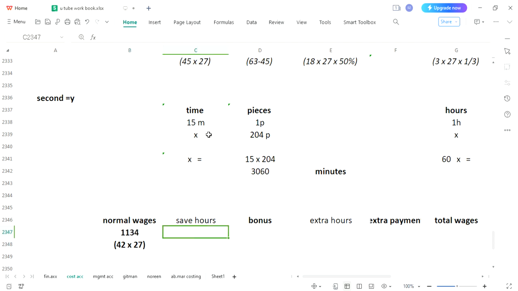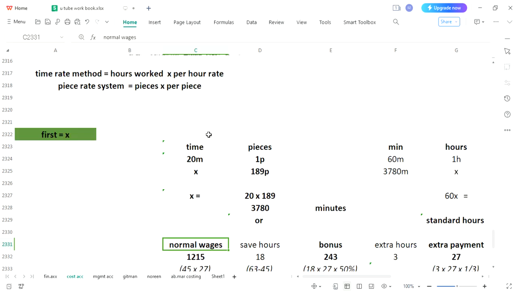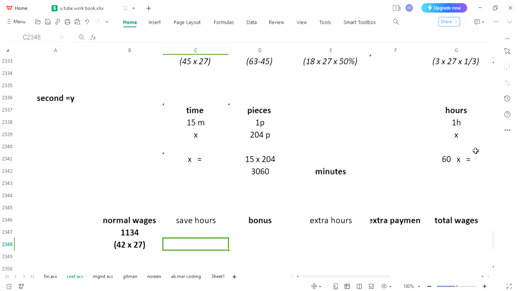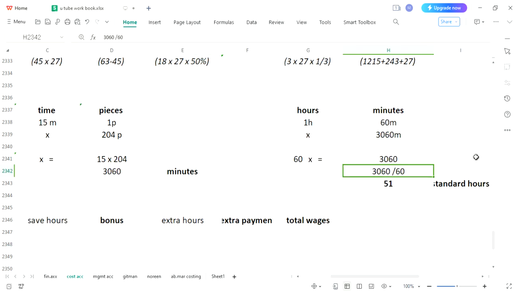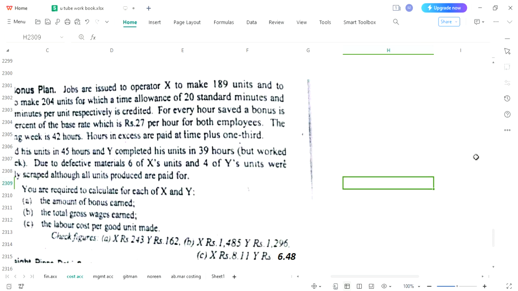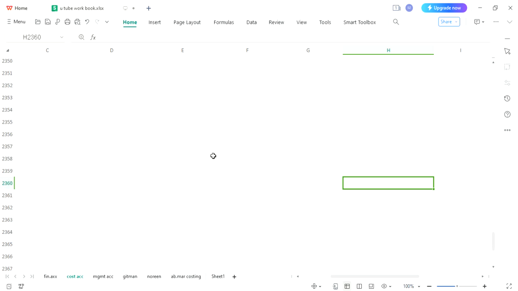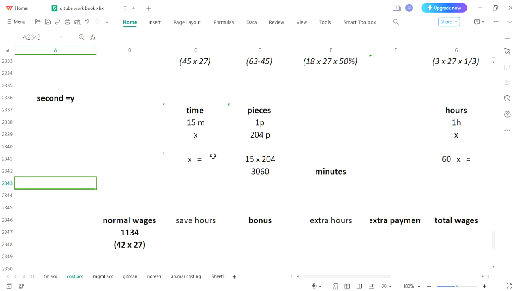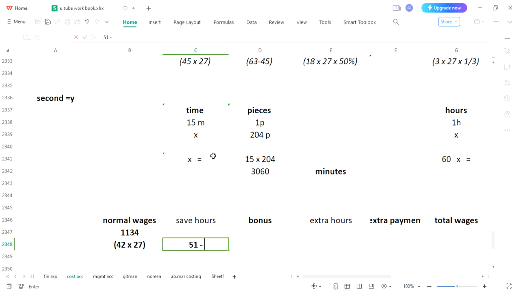Now we will see, is there any way he had saved hours? For that you will see standard time. Standard hours were 51. And in how much time did he complete it? Y had completed in 39 hours. So how much time had he saved? The standard time was 51 and he had completed in 39 hours only.